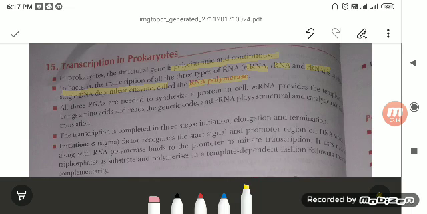All three RNAs are needed to synthesize the protein in the cell.